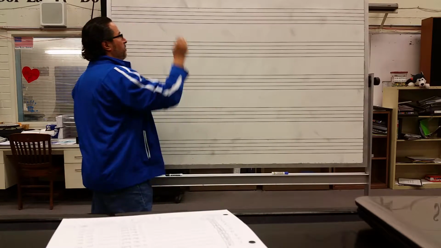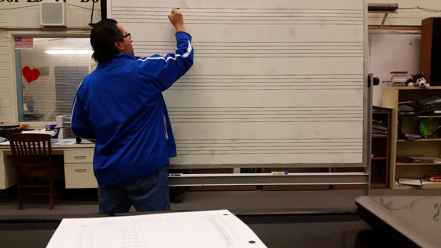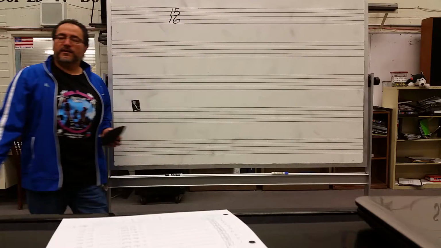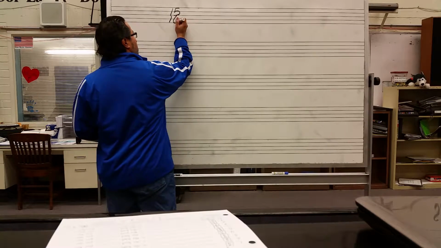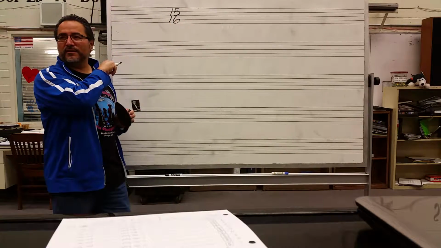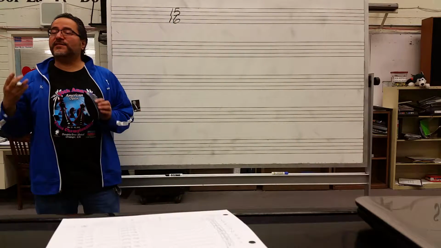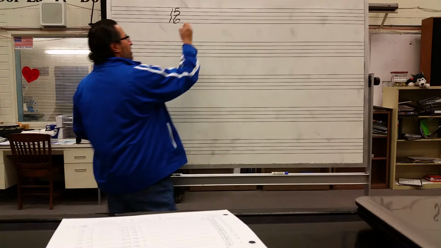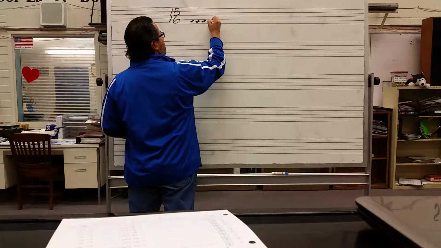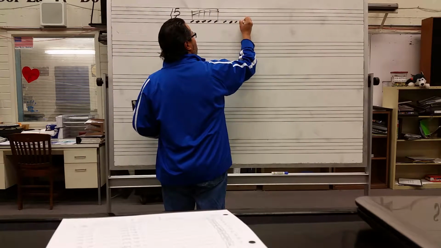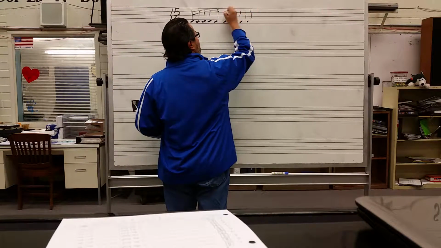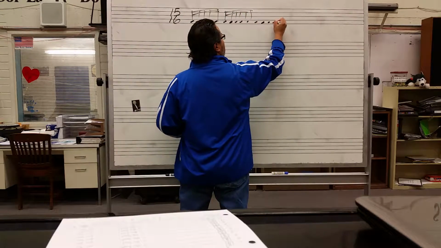Let's get crazy. What if I have 15 16, like the piece we heard? What does that tell me? 15 16th notes in 1 bar. It might look like this: 1 2 3 4 5, 1 2 3 4 5, and 1 2 3 4 5.